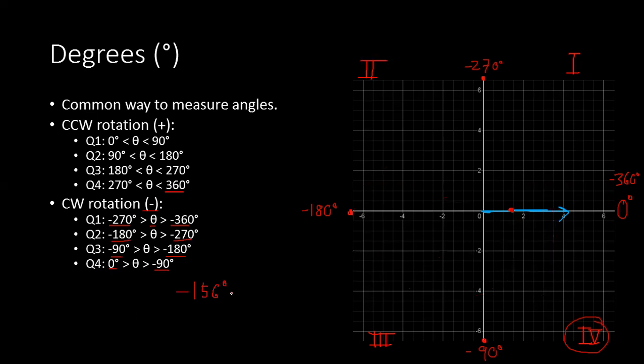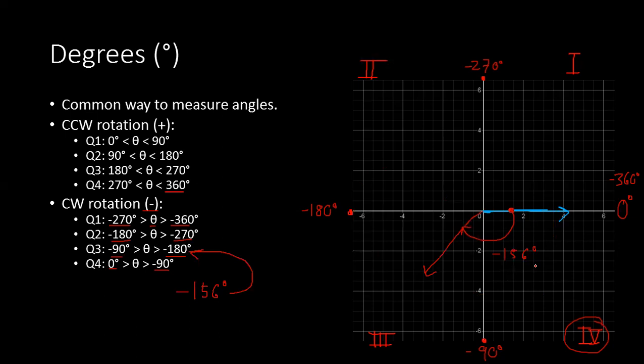The answer is the third quadrant. If you graph it out, it would look like this: from the initial side, then going here. So this is negative 156 degrees.